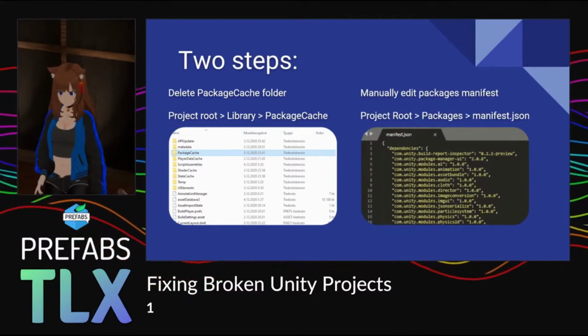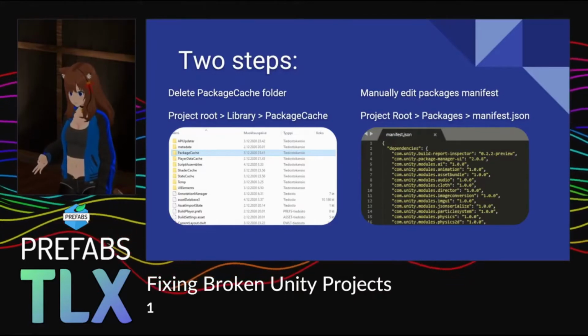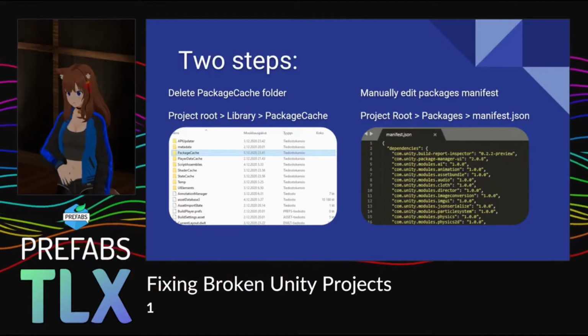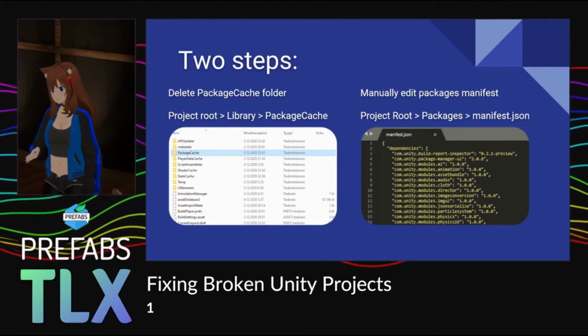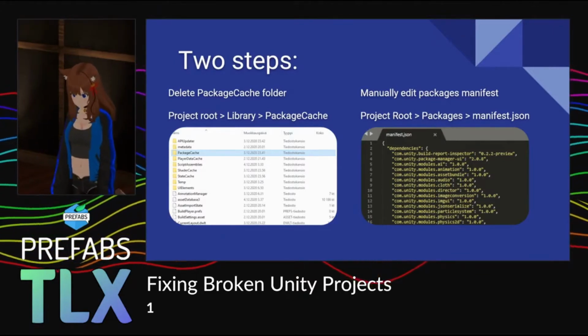And step 2, sometimes the first step is enough to fix this issue, but sometimes the issue persists because it's still in the package manifest that automatically imports packages back when you've deleted them.